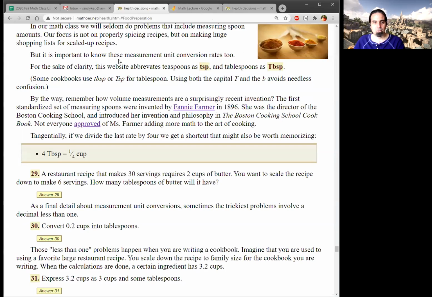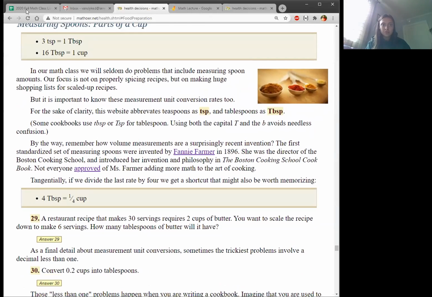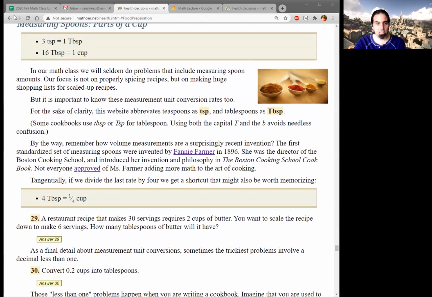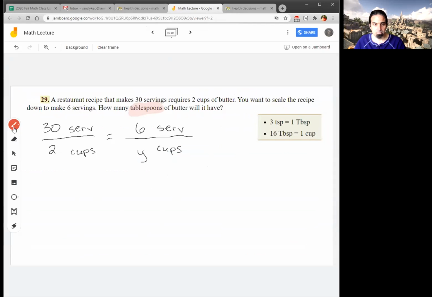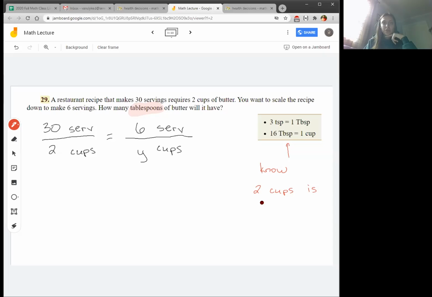Okay, so I will here grab these. So what am I going to change my 2 cups into? 32 tablespoons.